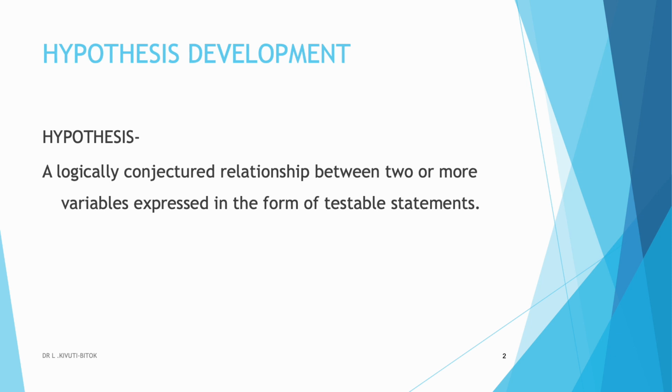In our previous lecture, we mentioned the development of a conceptual framework, and we looked at how to present in a schematic way the relationship between dependent, independent, and confounding variables. And we said that development of the theoretical framework will give a good basis for development of a study hypothesis.